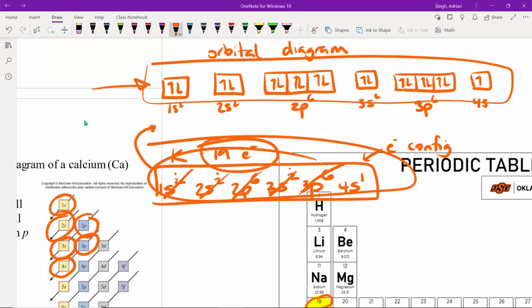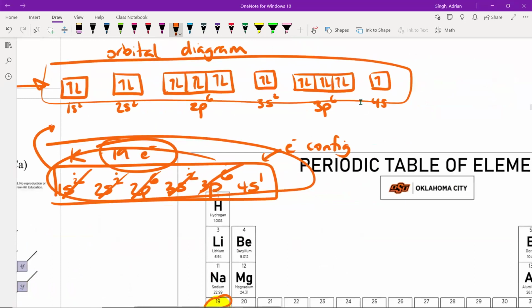And you can see now from the orbital diagram for potassium, we have one unpaired electron. So then we can say that would be paramagnetic, just based on the one unpaired electron.